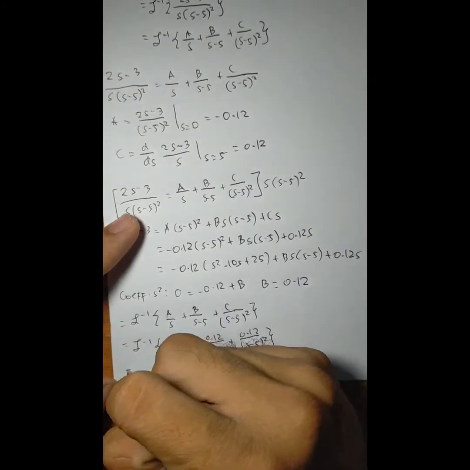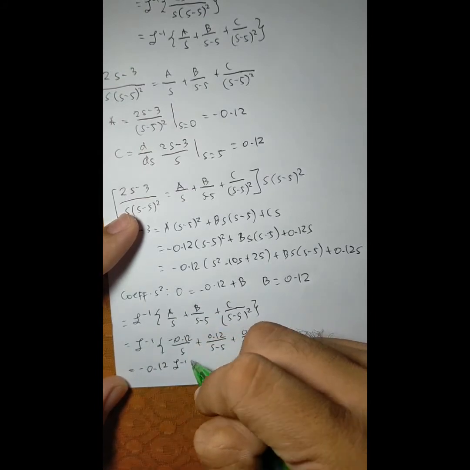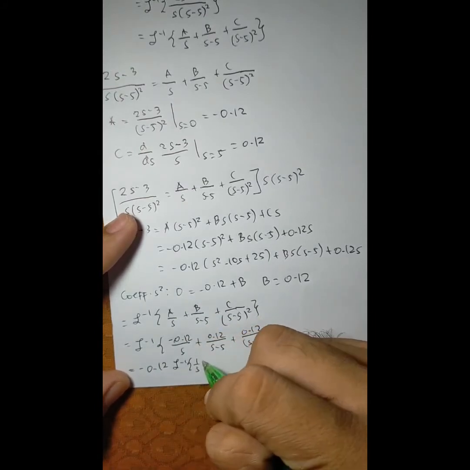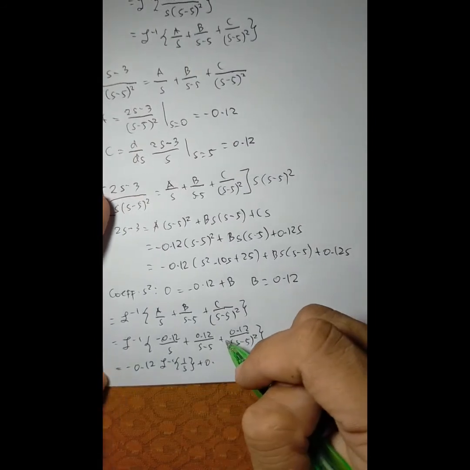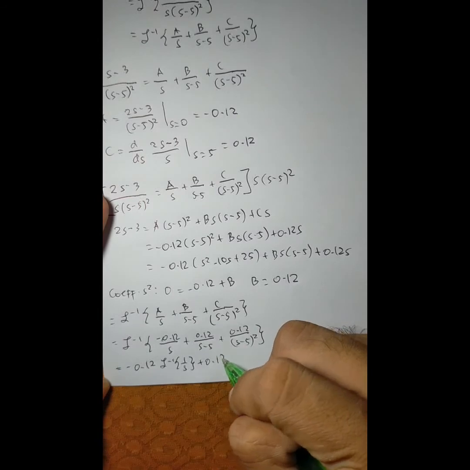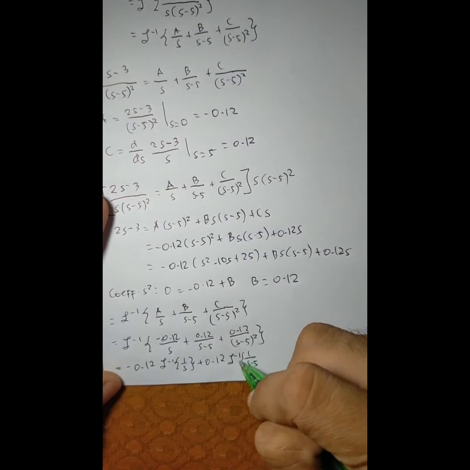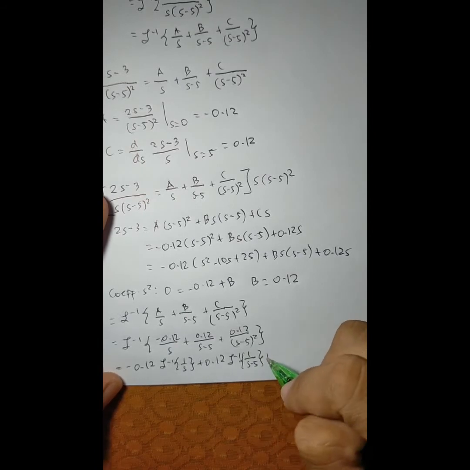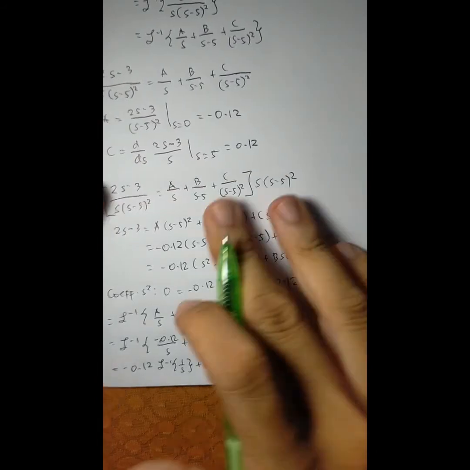And this is equal to negative 0.12 inverse Laplace transformation of 1 over s, plus 0.12 inverse Laplace transformation of 1 over s minus 5, plus 0.12 inverse Laplace transformation of 1 over s minus 5 squared.